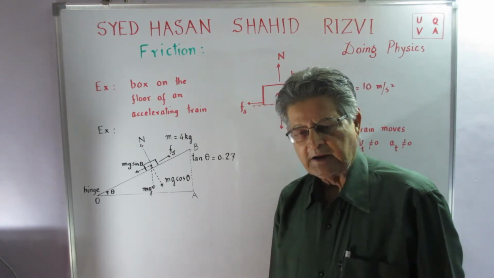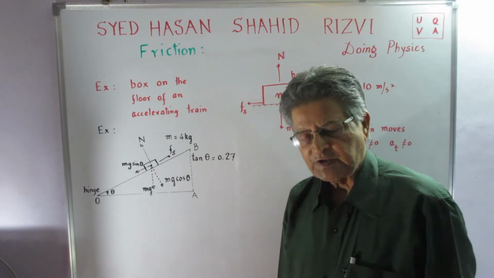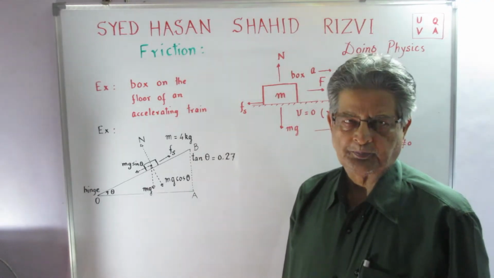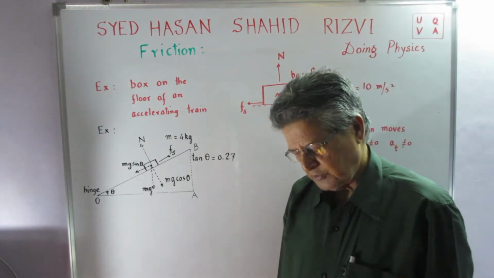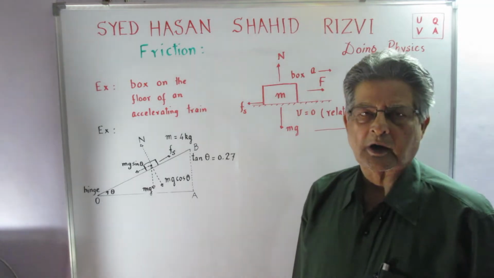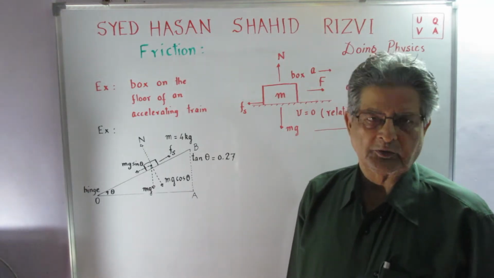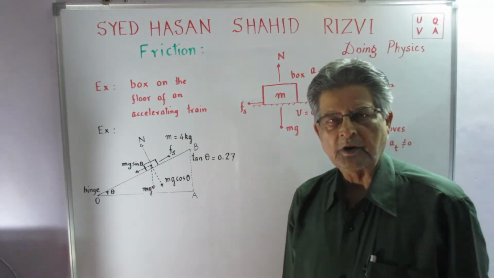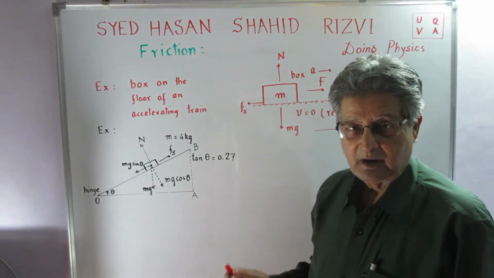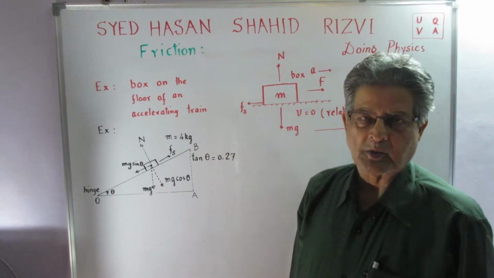Then readily at that instant of time the frictional force drops. And we describe this frictional force as the kinetic friction or dynamic friction. And dynamic friction is always less than the limiting friction, mu s maximum.